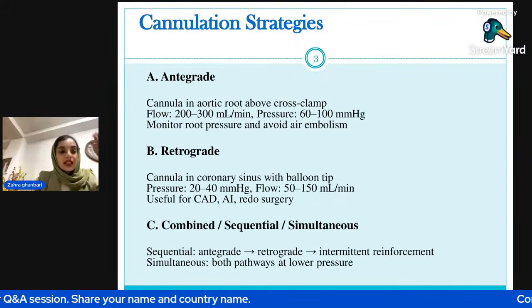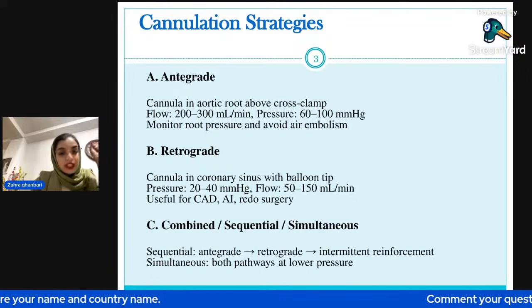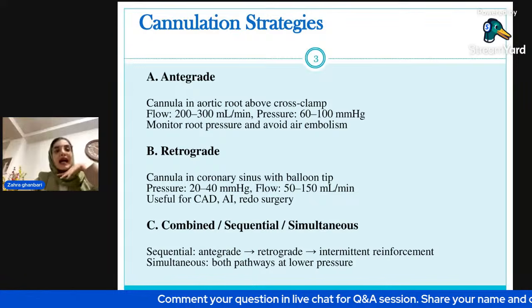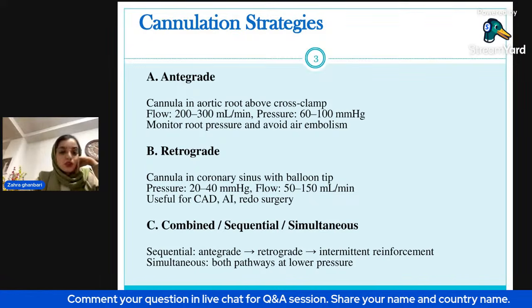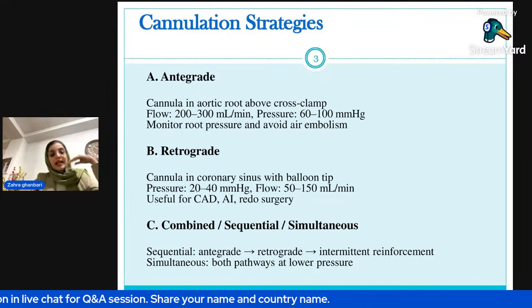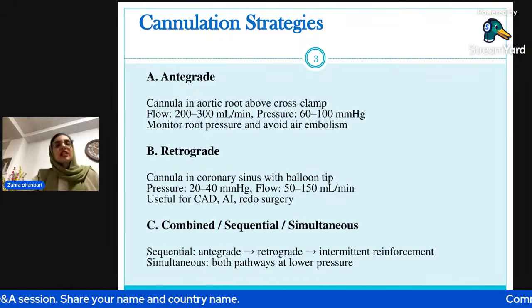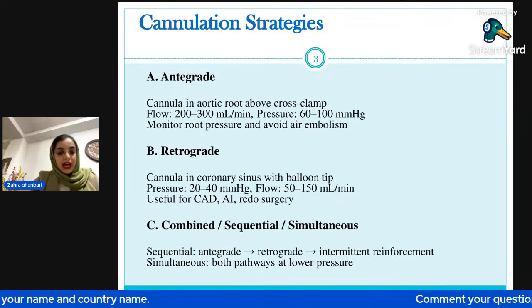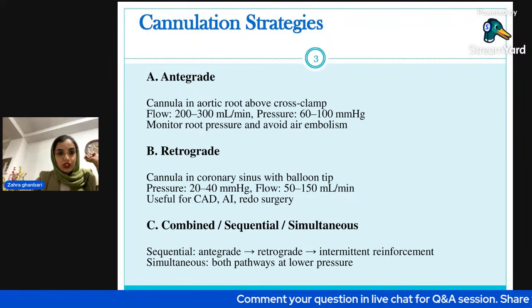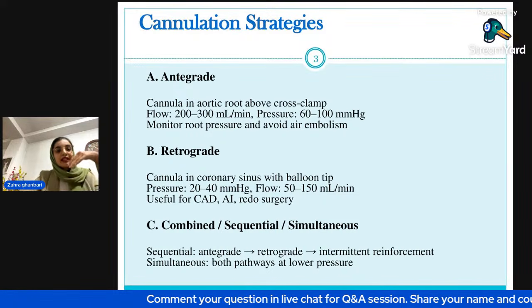In sequential, we focus on stepwise reinforcement of poorly perfused areas. In simultaneous, we give antegrade and retrograde at the same time with lower pressure, and we focus on uniform myocardial protection.